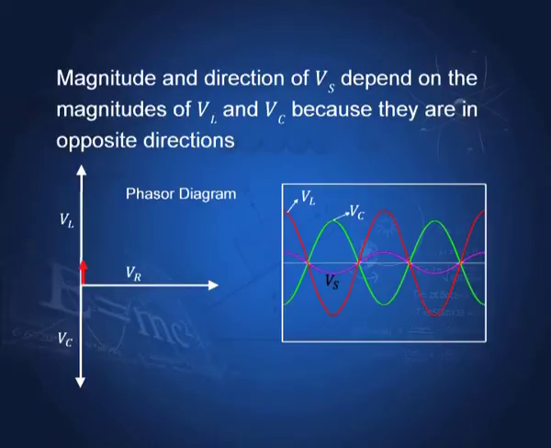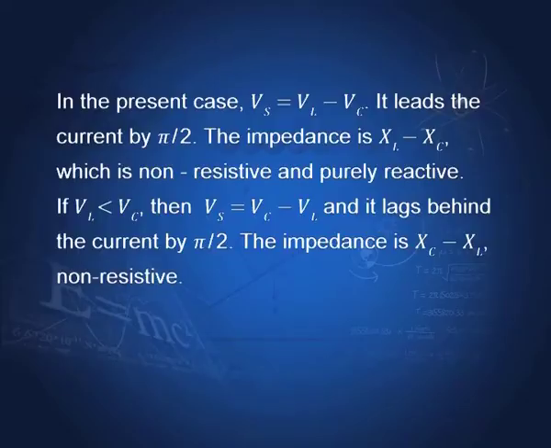If VL is larger, then the resultant voltage leads the current by pi by 2. If Vc is larger, then the resultant voltage would lag behind the current by pi by 2. So, in the present case, Vs is VL minus Vc, because VL is larger.